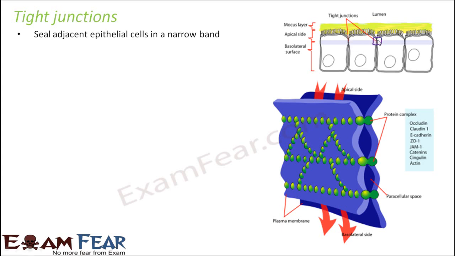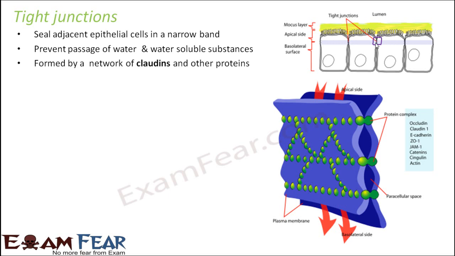This is where tight junctions are present. Both the walls of the two cells are completely sealed to each other. That is a tight junction. This prevents the passage of water and water soluble substances. Since it is so tightly packed, water or anything soluble in water cannot pass through this junction. It is formed by a network of claudins and other proteins.